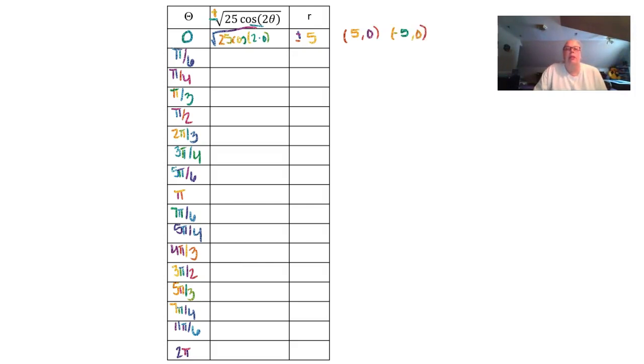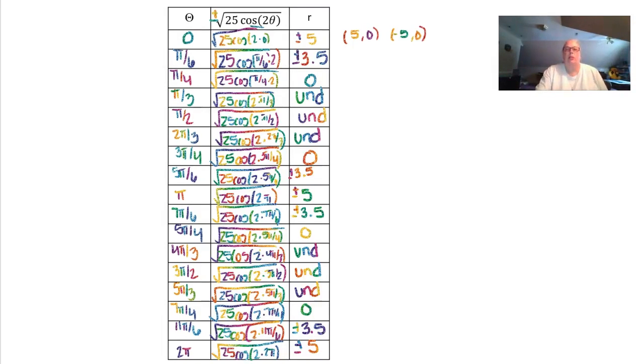And so what's going to happen is, because of that r squared in the original problem, we're going to get 2 sets of points for every single one of my angles here. And as you can see, I have my chart filled in here. This is what I'm putting into the calculator. These are the points that I get. Now remember, I'm going to be plotting 5, 0 and negative 5, 0.